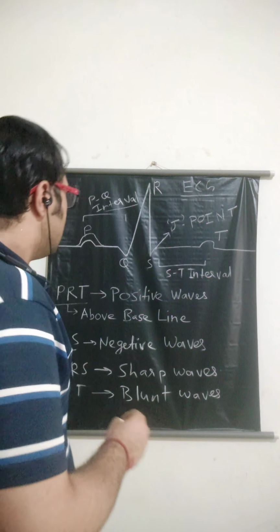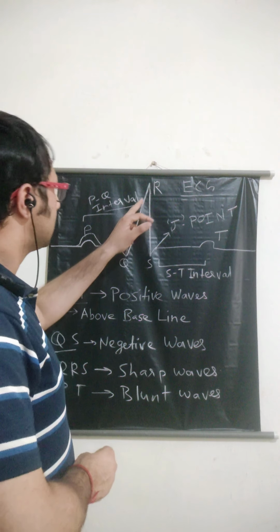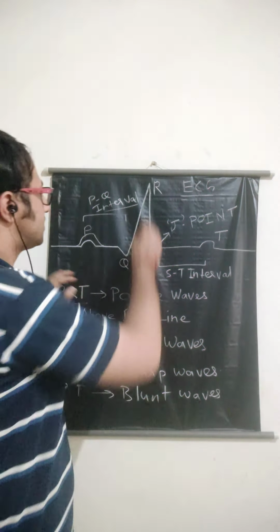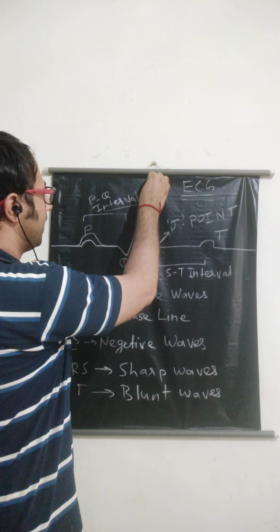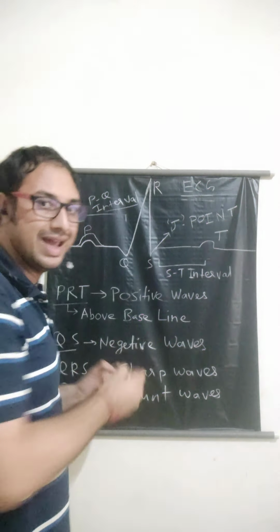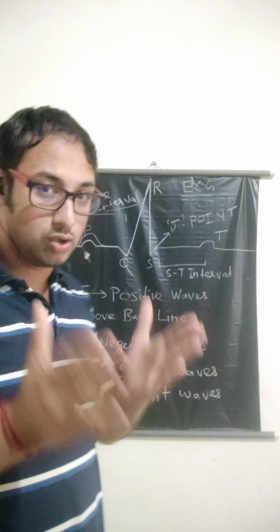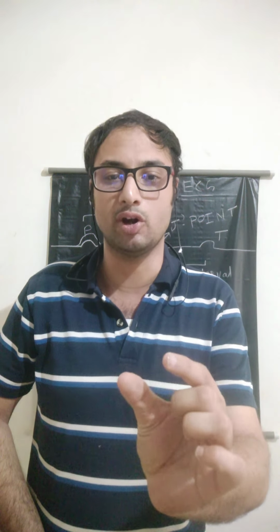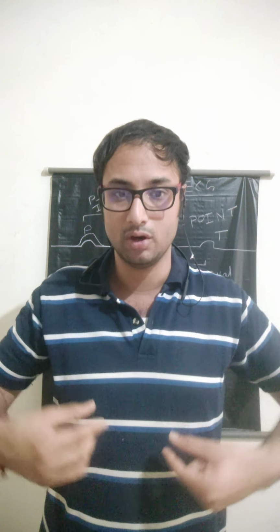Second thing, if this R wave becomes elongated or enlarged, then you can conclude that the patient is suffering from ventricular hypertrophy. Hypertrophy means thickening of the heart wall, the wall of the ventricle.